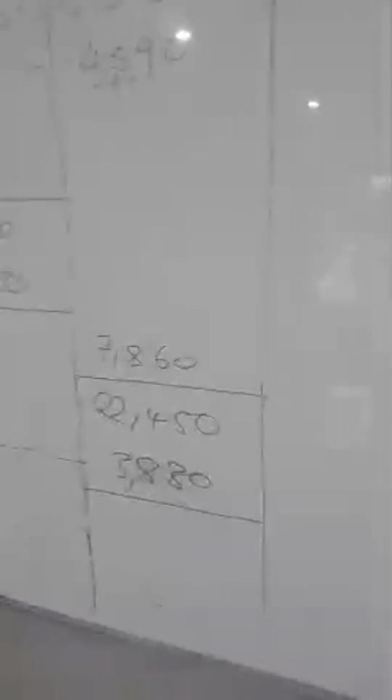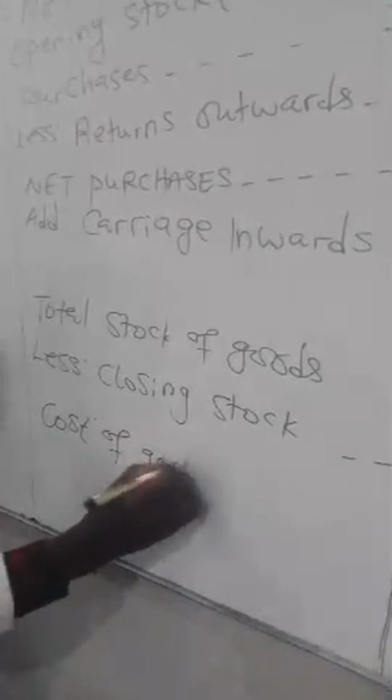Once we subtract 22,450 minus 3,830, I'm going to get 18,620. Now this amount is what we call the cost of goods sold.